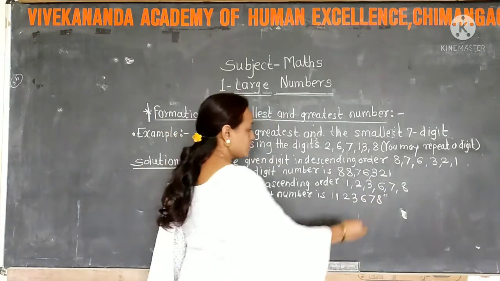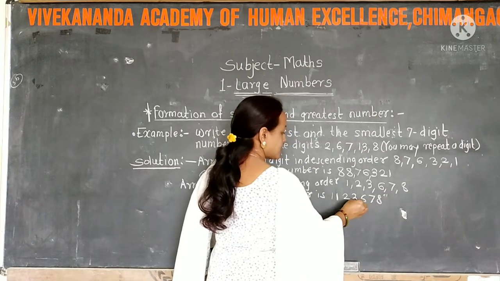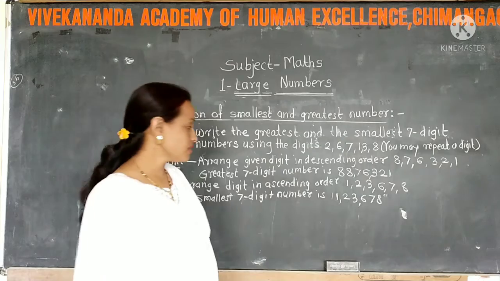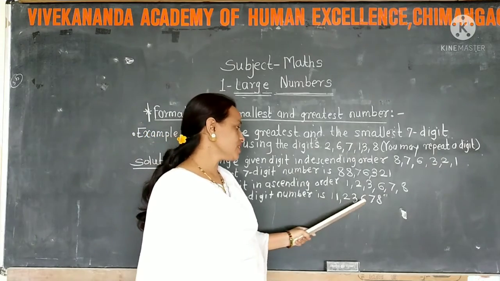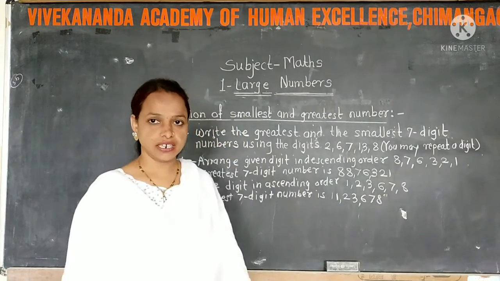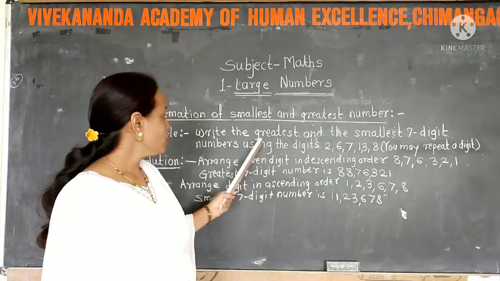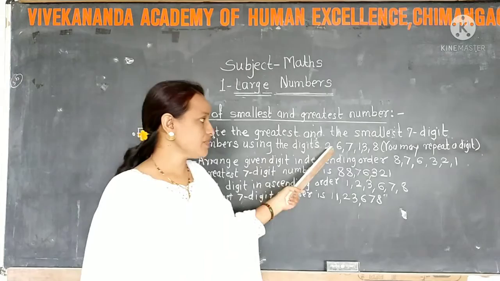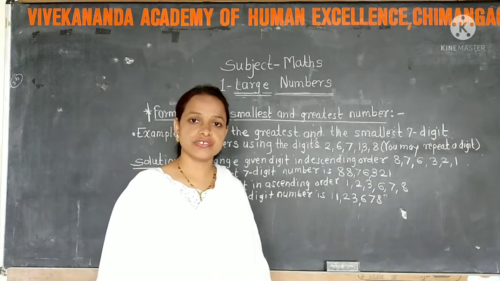To separate the periods: ones, tens, hundred, thousand, 10,000, lakh, 10 lakh. So we get the smallest 7-digit number 11,23,678. In this way we write the greatest and smallest 7-digit number by using the given digits by repeating a digit.